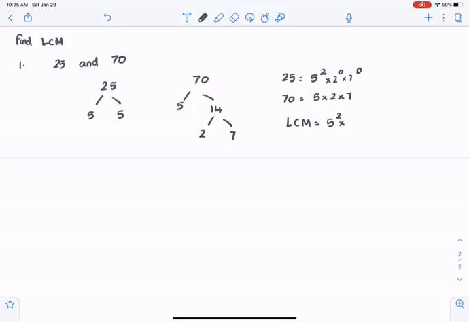So if you multiply 25 by ones, you just get 25. What is the bigger exponent between that term and that term? It's 2. Bigger exponent between that and that is 7. So the final answer will be 350. You can easily verify this. 350 is divisible by 25 as well as 70.